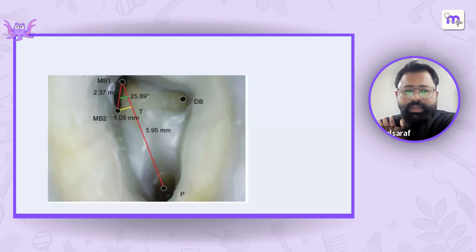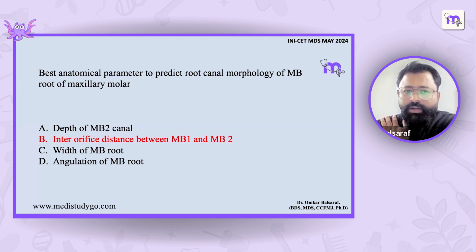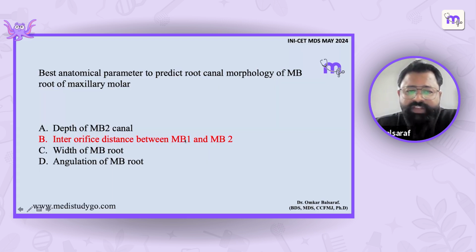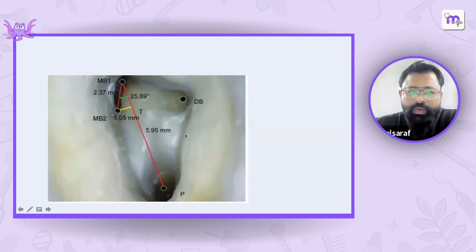Just remember this kind of diagram. This is the distance between MB1 and MB2. This is an important anatomical parameter to predict the root canal anatomy or morphology of the mesiobuccal root of a maxillary molar. This is called the inter-orifice distance between MB1 and MB2. This is one orifice and this is the other orifice.